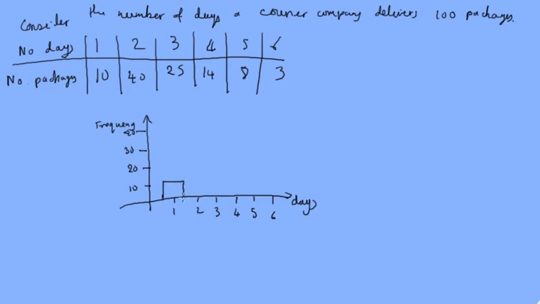For 2 days, 40 packages took 2 days. 25 packages took 3 days. 14 packages took 4 days, sorry. 8 packages took 5 days. And 3 packages took 6 days.